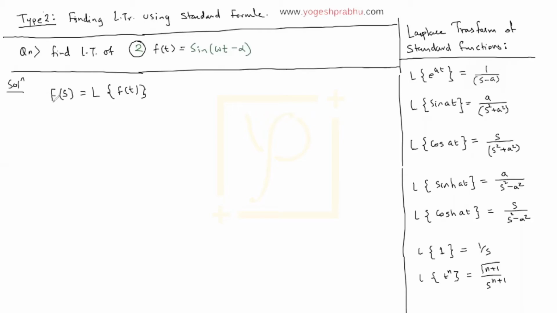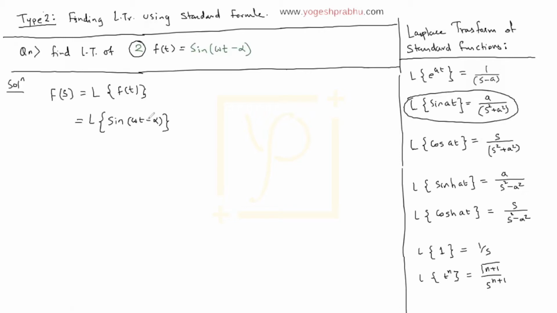So step 1 will be F of s is Laplace of f of t. Okay, and there I'll write down the new value of f of t. This is going to be Laplace transform of the f of t, which is nothing but sine of omega t minus alpha. Okay, and now to find Laplace transform, we have all the standard formulas, like a formula of sine at over here. We could definitely use this formula, but understand that the formula is for only sine at.